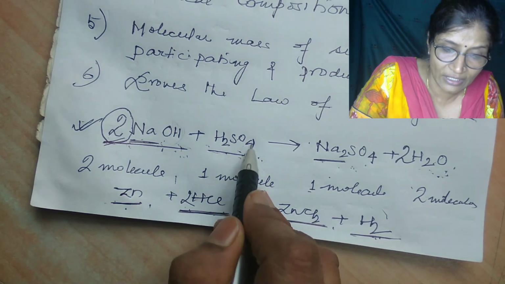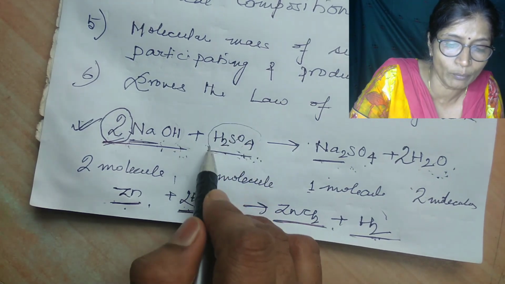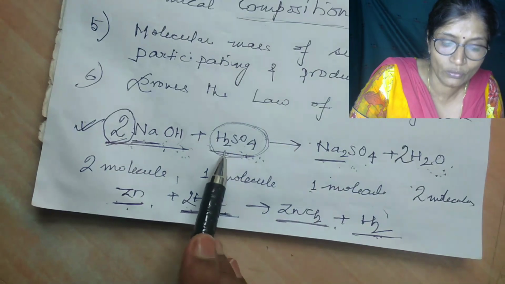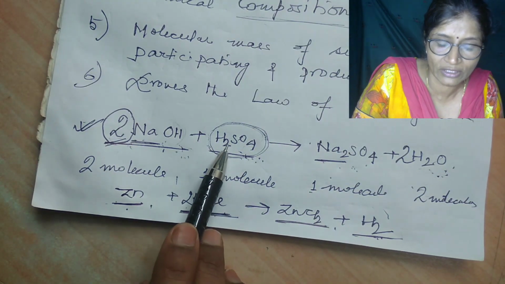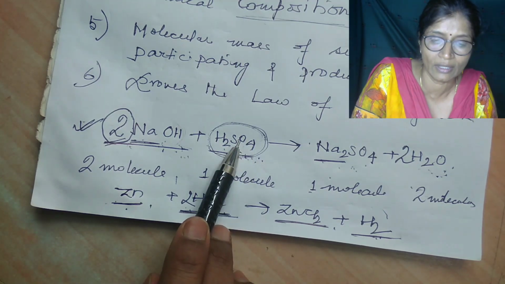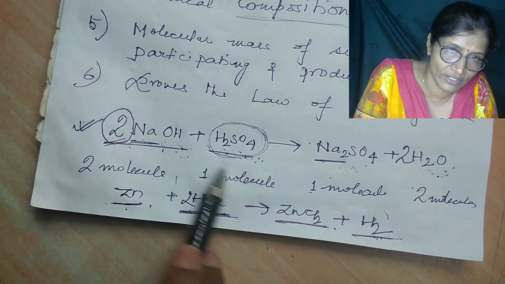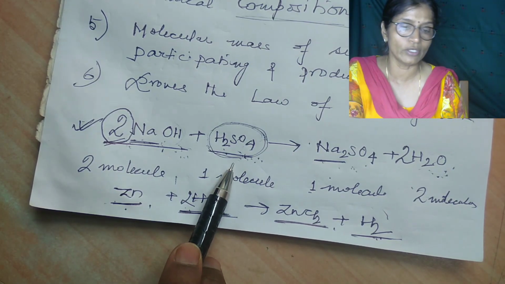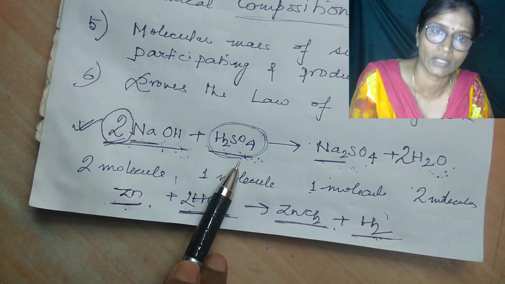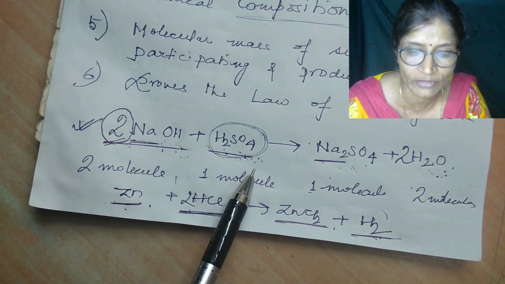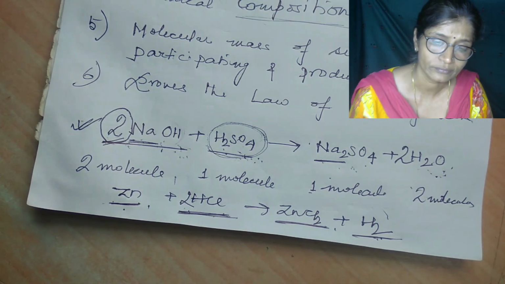And we can know the composition of sulfuric acid, which means that 2 atoms of hydrogen, 1 atom of sulfur and 4 atoms of oxygen combine together to form 1 molecule of sulfuric acid. So we can know about the molecular or chemical composition of the substances which are participating and which are formed in the reaction.